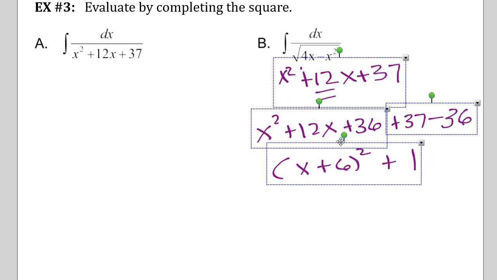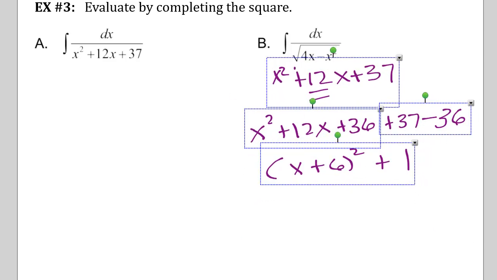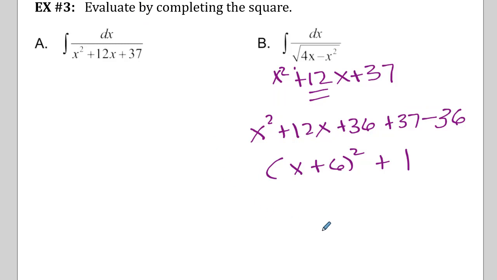So in this case, we're going to let u equal x plus 6, and du equals dx.